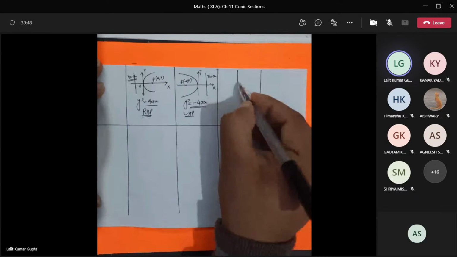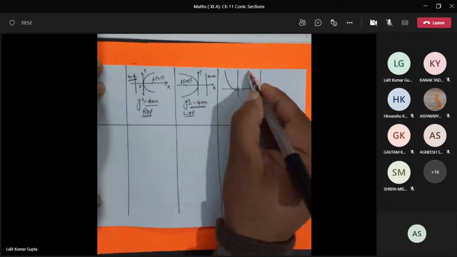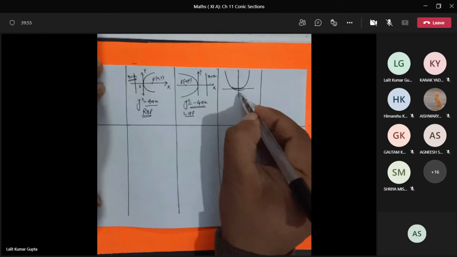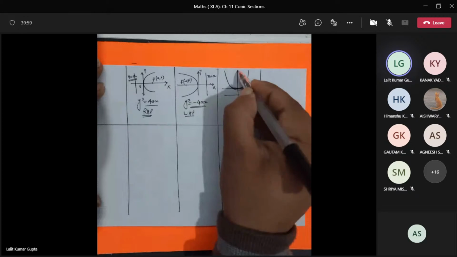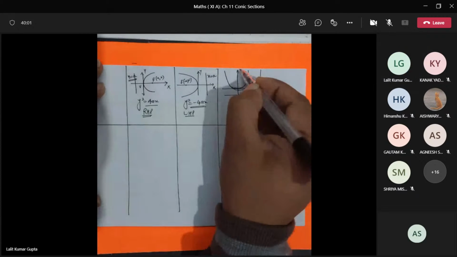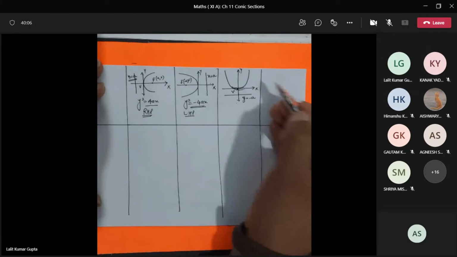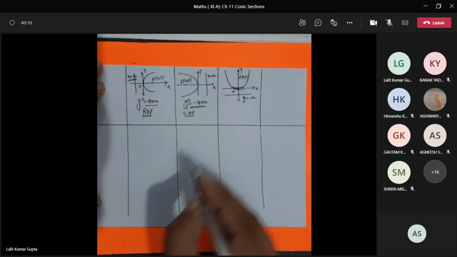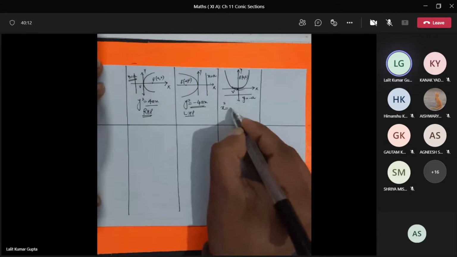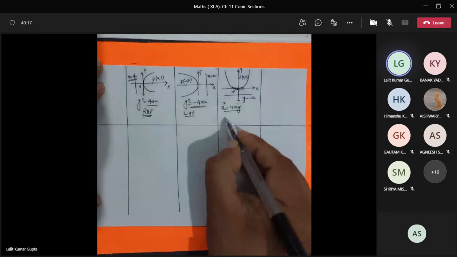Now the third one is y equal to minus a. This is the y-axis, x-axis. Again, this is your vertex and the fixed point is (0, a). The equation of this parabola is x square equal to 4ay, and this is known as the upward parabola.